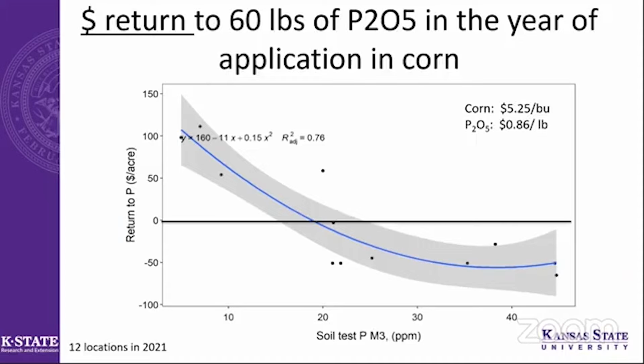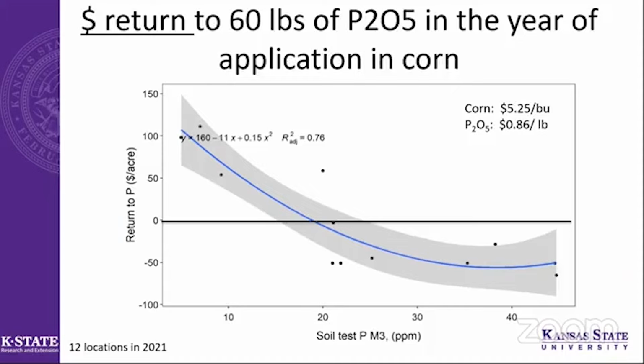What we have in this graph is soil test phosphorus, Mehlich 3. Our highest soil test P was close to about 50 parts per million. And this is return to that phosphorus fertilizer application using these prices, okay? I don't know if it's accurate at this point, I did it before in early December, but that's the price that I used.